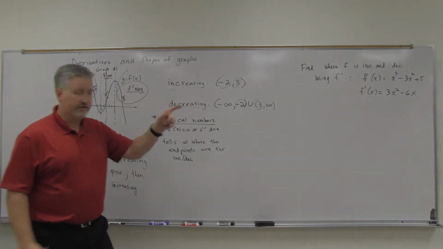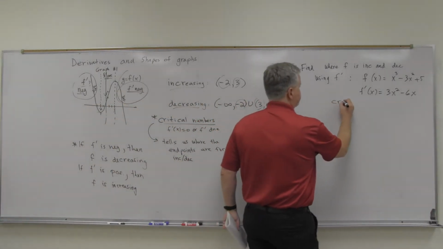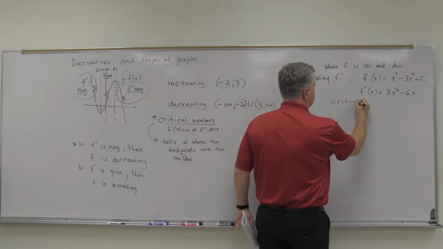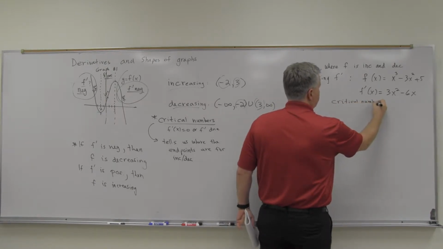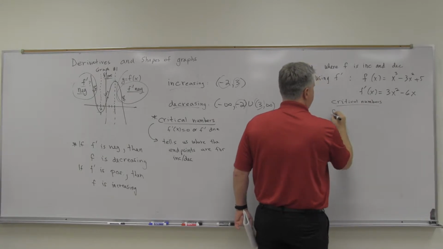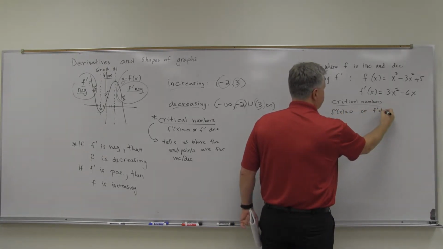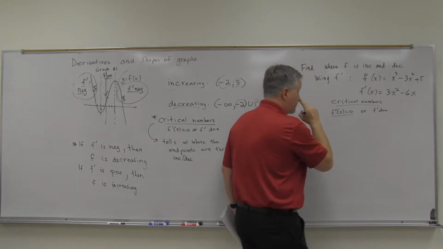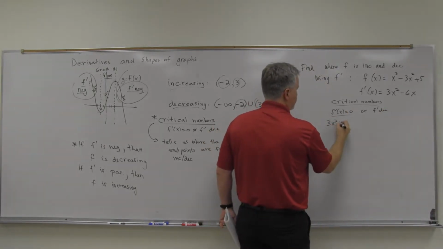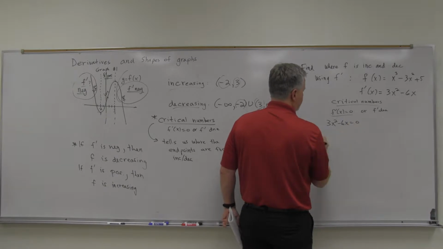So I can get the critical numbers here, first of all. And again, I'm looking at f prime of x is 0 or does not exist. So f prime equals 0, we got 3x squared minus 6x equals 0, so that's pretty nice.